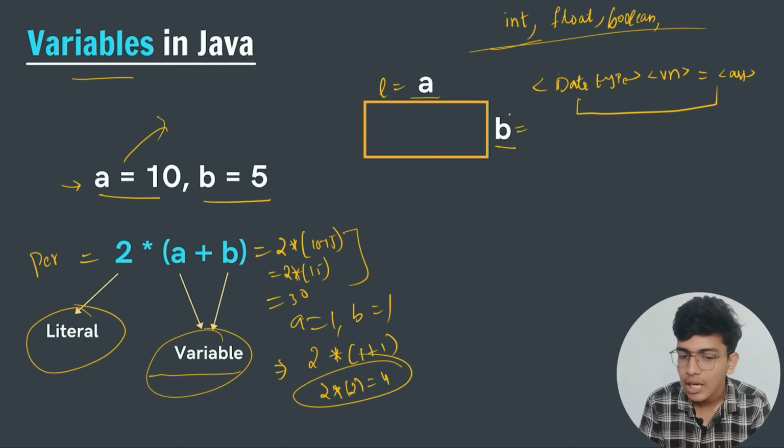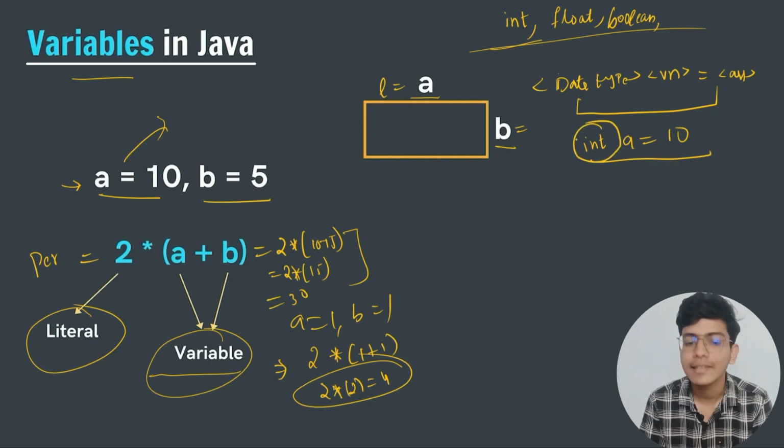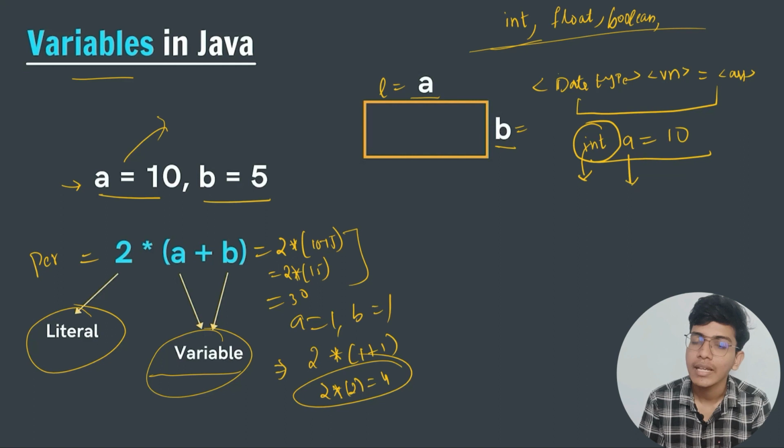Now let us see how we can declare integer type data. For that, I will write int a = 10. In this line, I am declaring the data type first. This is an integer data type variable. After that, a is my variable name.